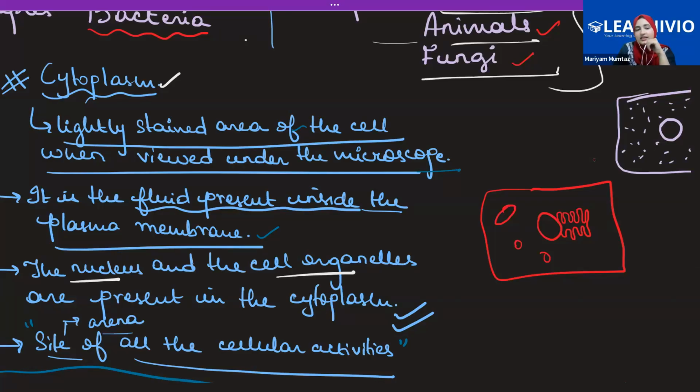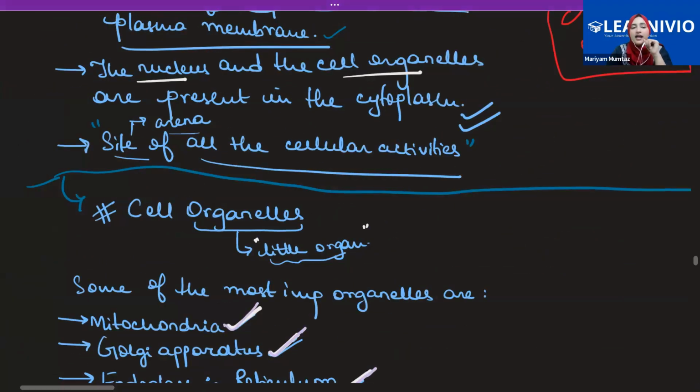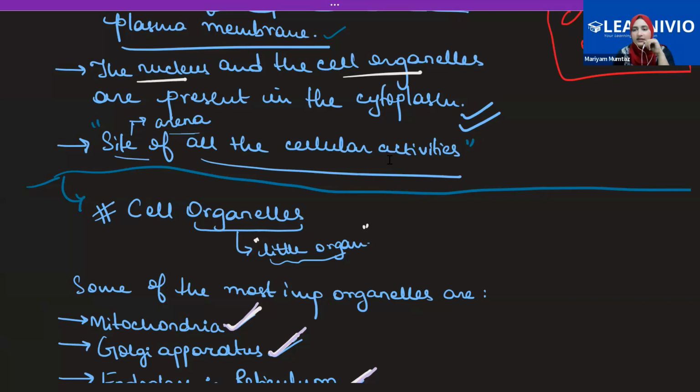The cytoplasm is commonly called the site or arena of all the cellular activities, meaning every single activity of the cell takes place inside the cytoplasm.